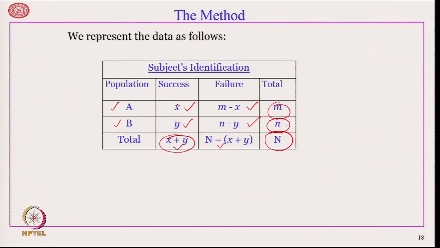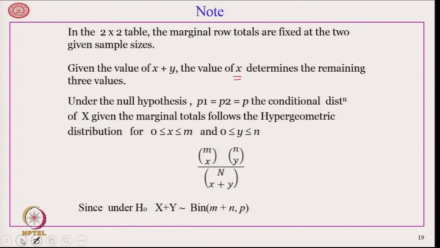Therefore, there is only one independent value, let us call it x, because the moment we know x, we know what m minus x is, we know what y is, and of course, therefore, we know what n minus y is. That is what we are saying, that given the value of x, it determines the remaining 3 values once x plus y is fixed.